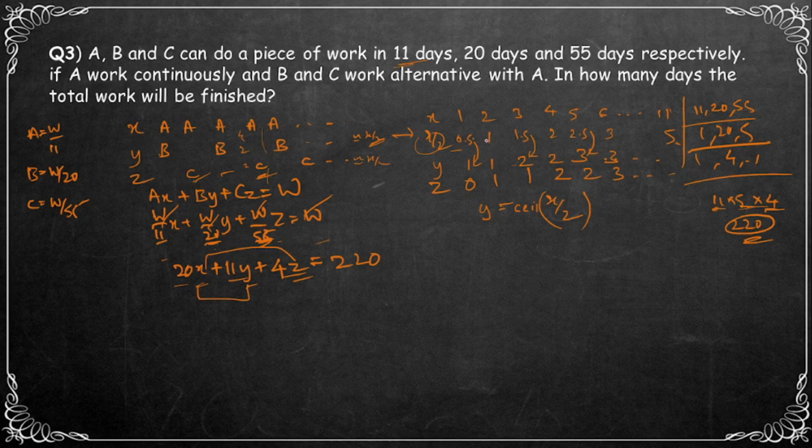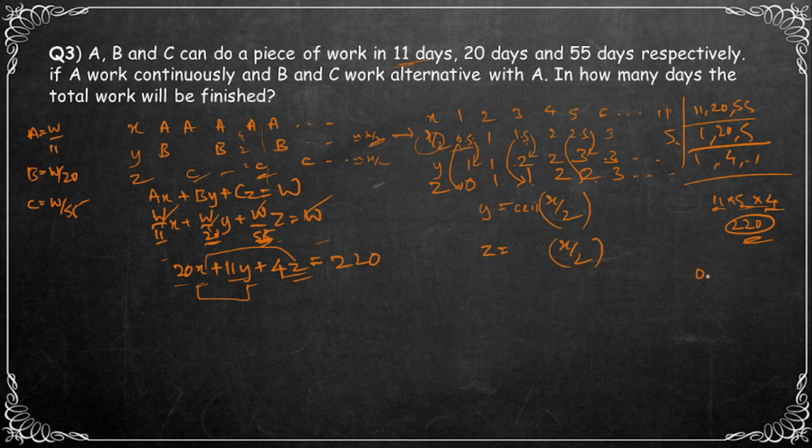Now how do we convert x divided by 2 into this value? We want to convert 0.5 to 0, 1.5 to 1, 2.5 to 2. That is nothing but the floor function, so we are choosing the lowest integer.